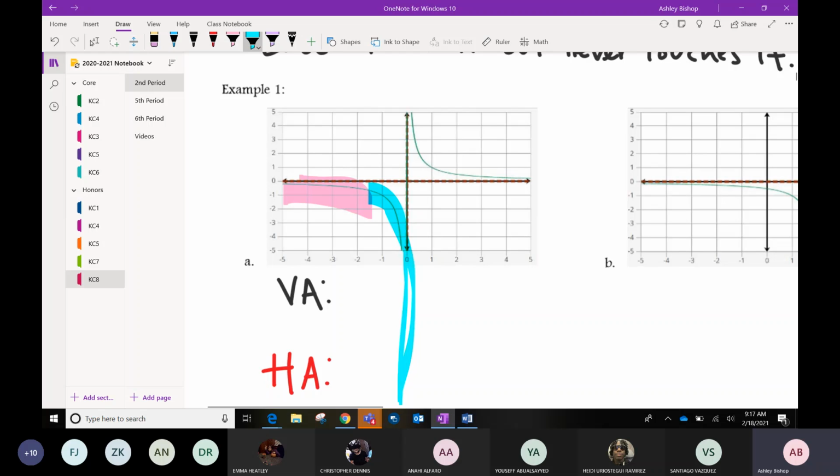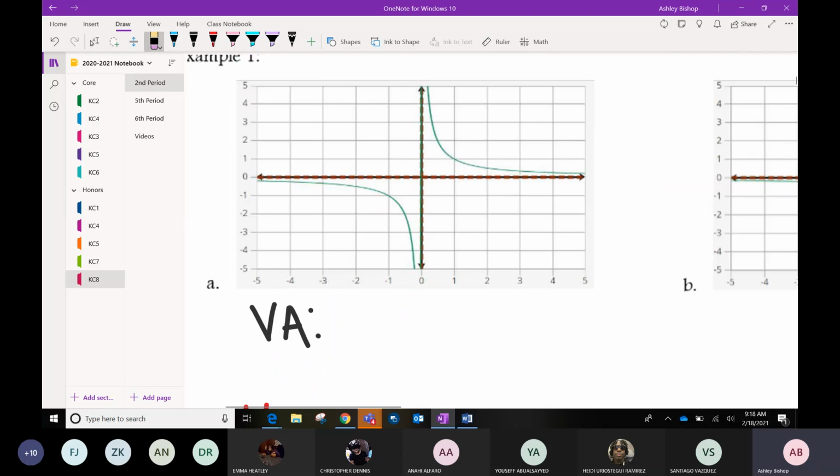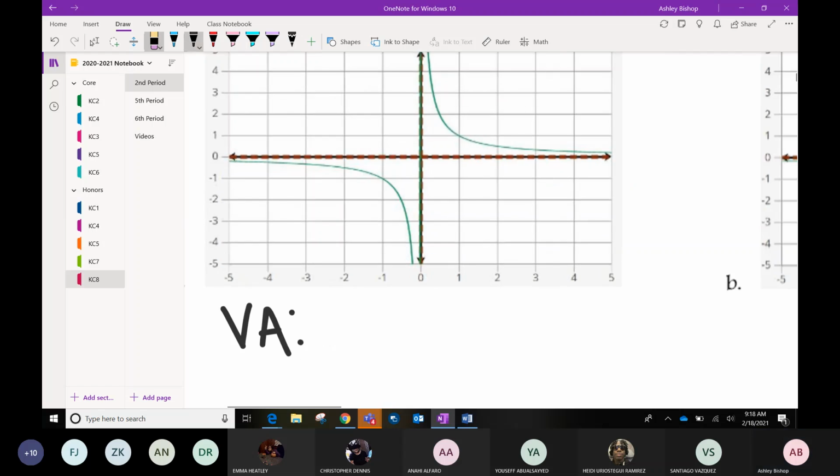Vertical means up and down, right? And this graph goes on forever, just like all the other graphs that we were using. And if I were to extend this line, it would get closer and closer and closer to this number over here, but never actually touch it. That's a vertical asymptote.